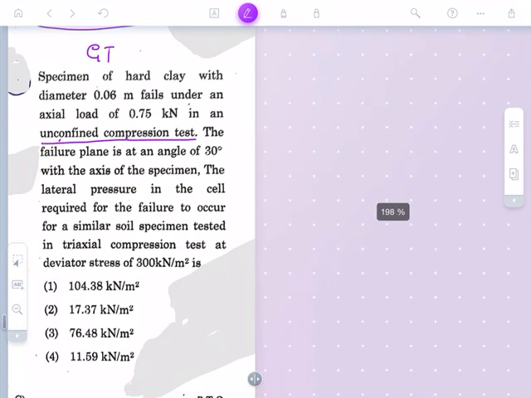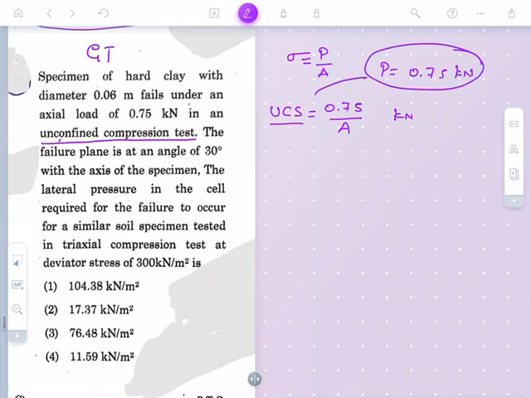So in the unconfined compression test, I will take the UCS as 0.75 divided by area in terms of kilonewton, because stress is equal to load per area. I am directly converting the load into unconfined compressive strength. P is the load, don't get confused, 0.75 kilonewton.